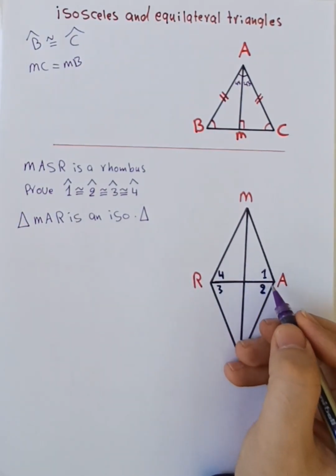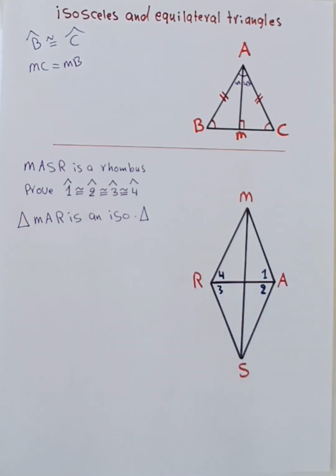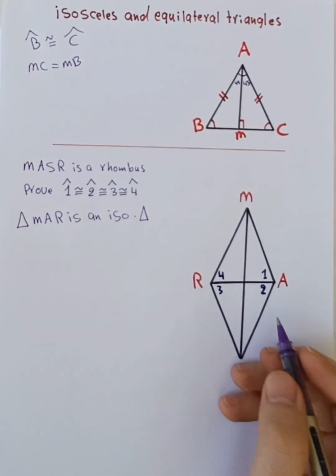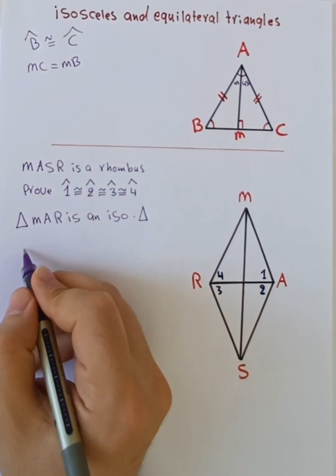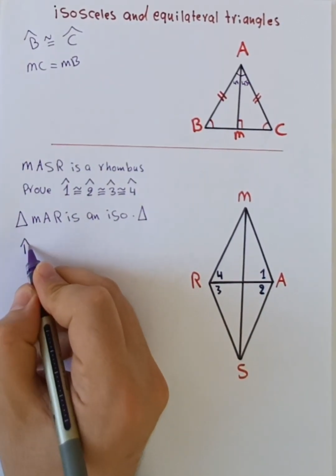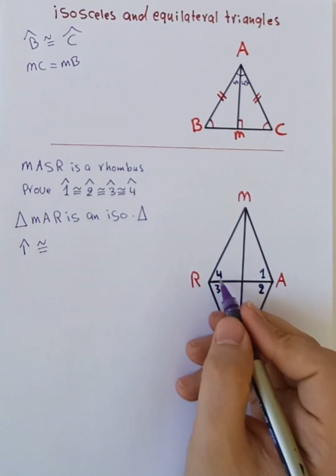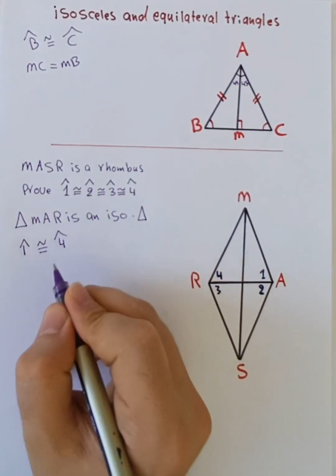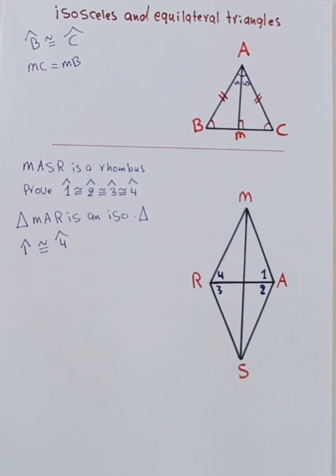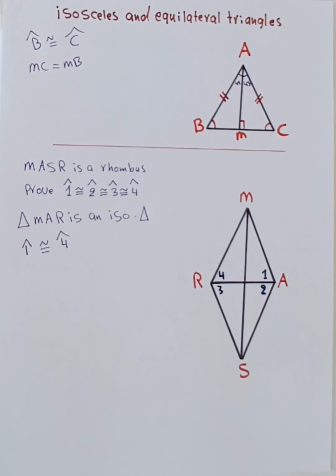So the measure of angle 1 is congruent to the measure of angle 4, because in an isosceles triangle the base angles are congruent.